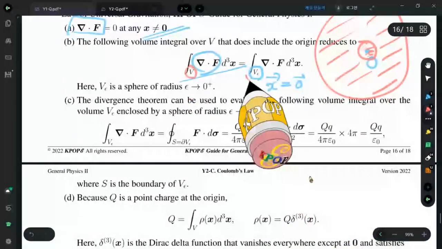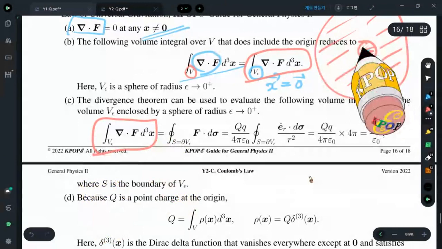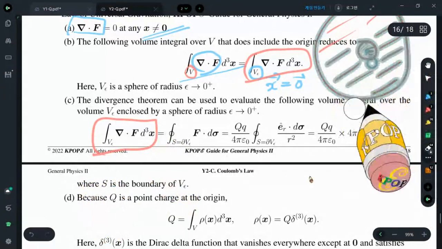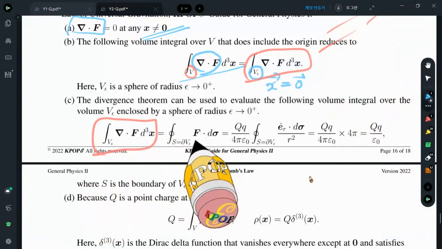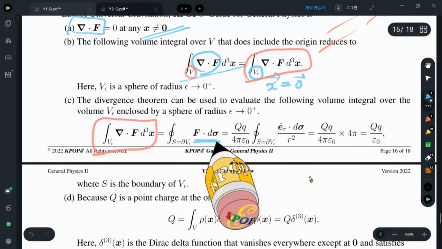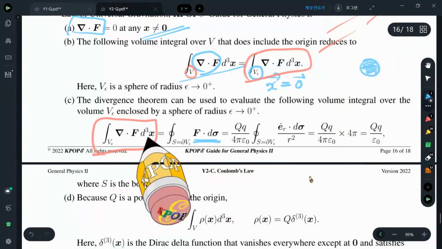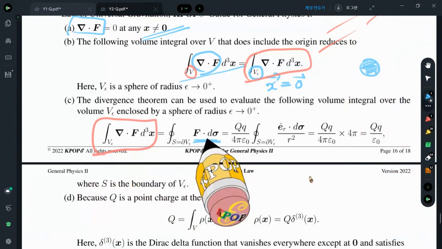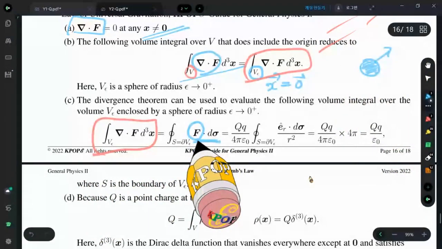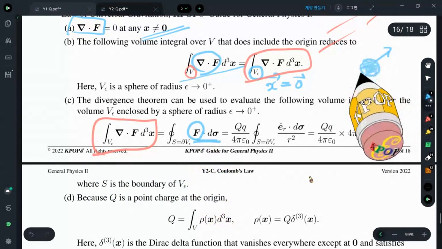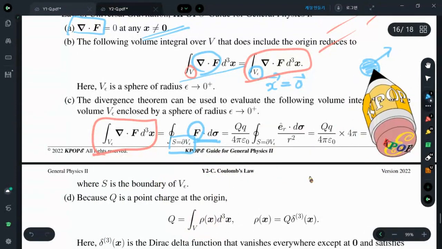And then this small integral, the integral over a very tiny region, can be evaluated by making use of the divergence theorem. The volume integral of the divergence is identical to the force scalar product with the surface element. That surface is the boundary of this tiny volume.